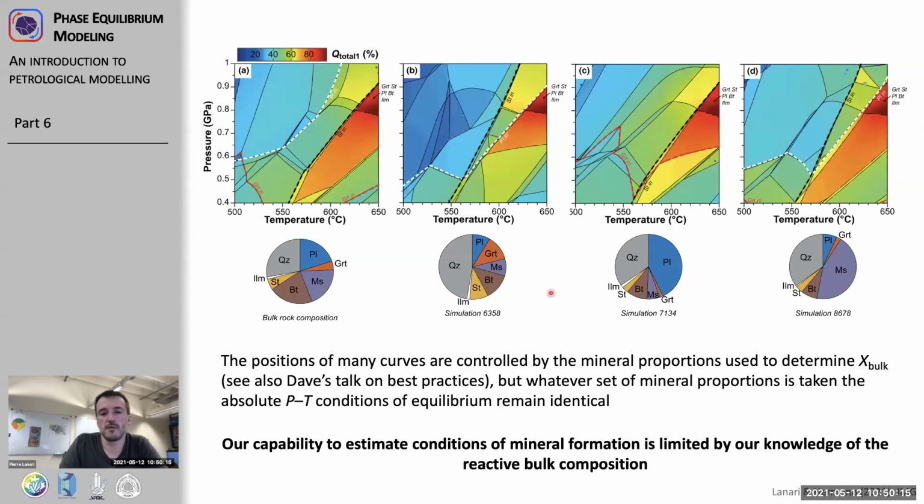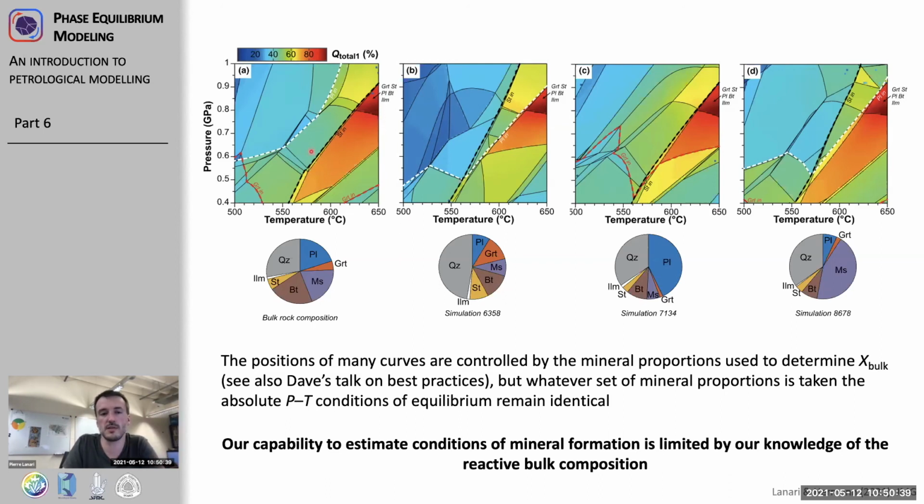If you're interested in thermobarometry, and if the rock is in equilibrium, I would say it doesn't matter which one you use, because you should always end up with the same PT conditions. And this is because it's very simple. It's just because the Gibbs energy of your minerals is independent of the mode. So it would be identical in any case at one given pressure and temperature condition.